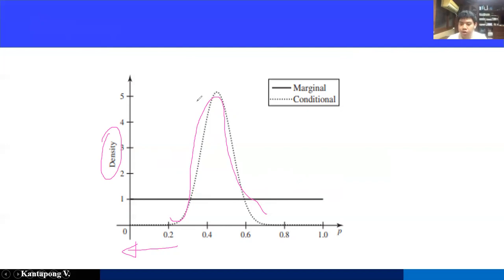But for the conditional, we have variation. It depends on the predictor that we get.